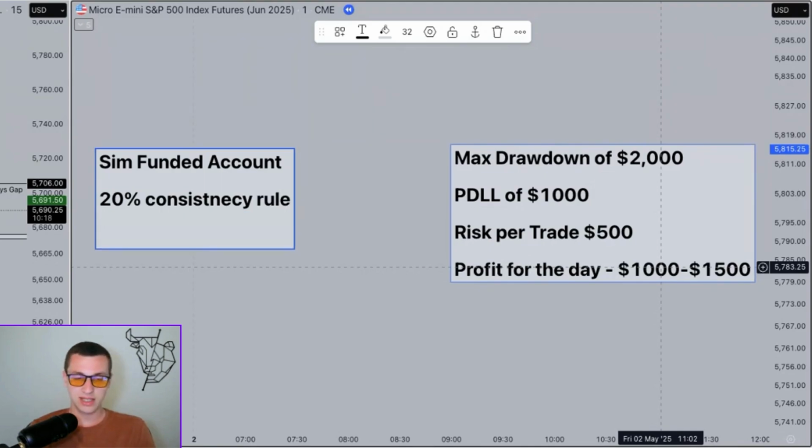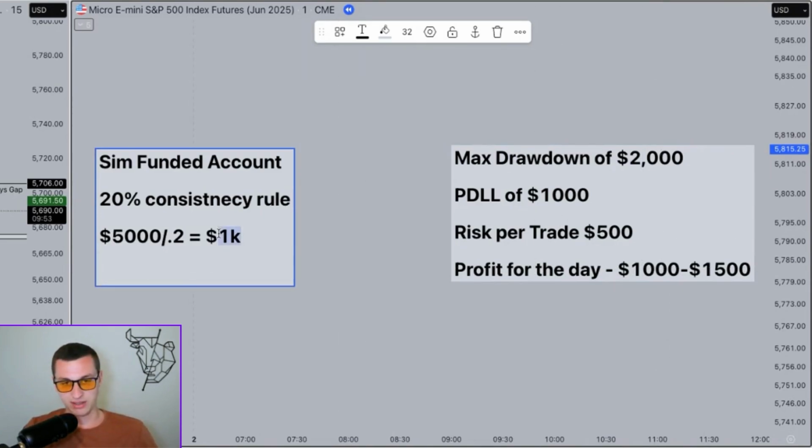So let's say you're shooting for $5,000, because there's no clear dollar amount you have to make. You just have to be within the consistency rule. If you have a $5,000 profit target, you divide that by 0.2, which equals $1K a day. That's the max that you can make here. This $1K a day is the very max that you should be making.